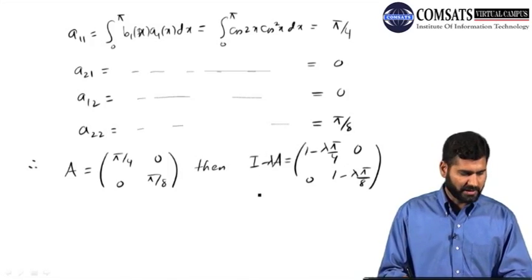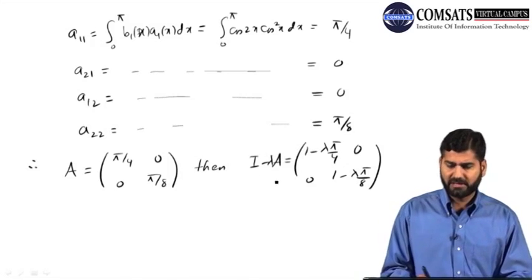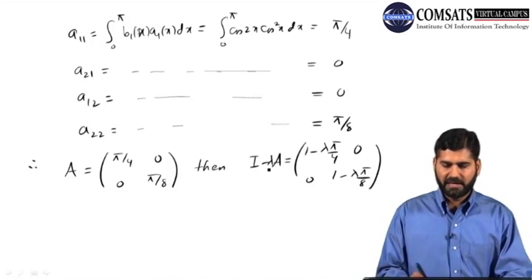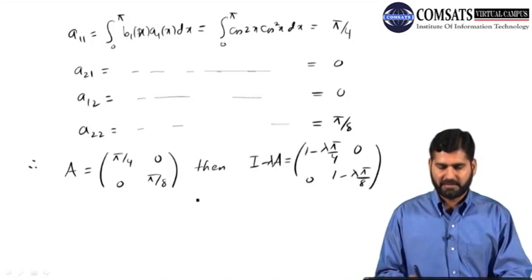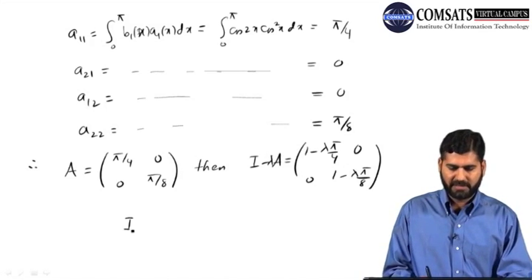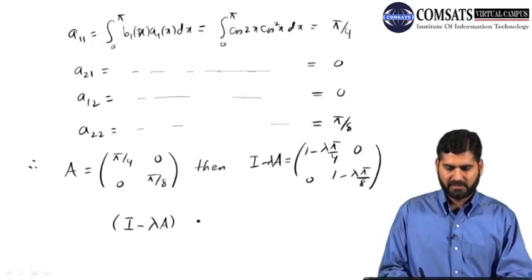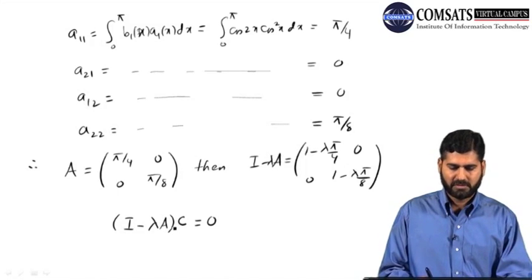So now this is your equation. So this is your I minus lambda A, and our system is (I minus lambda A) times C equal to 0. Right?